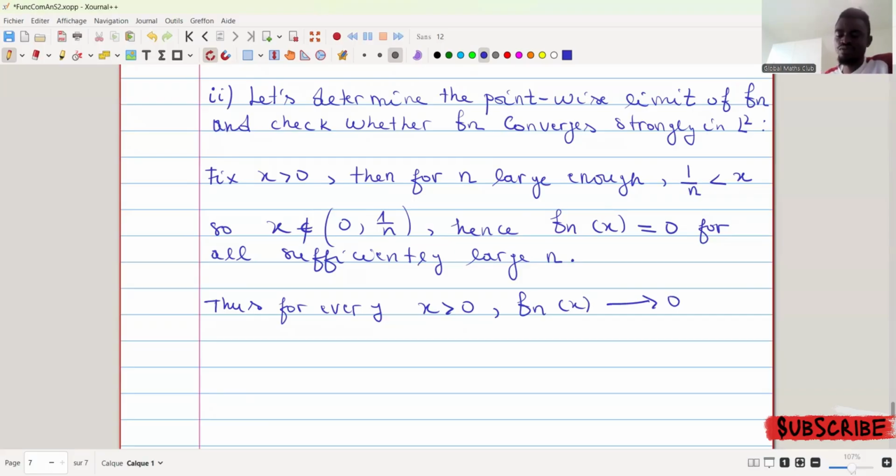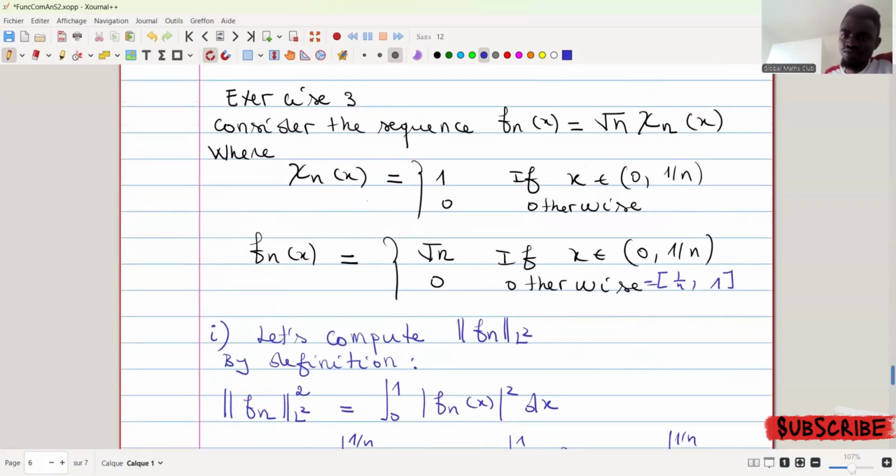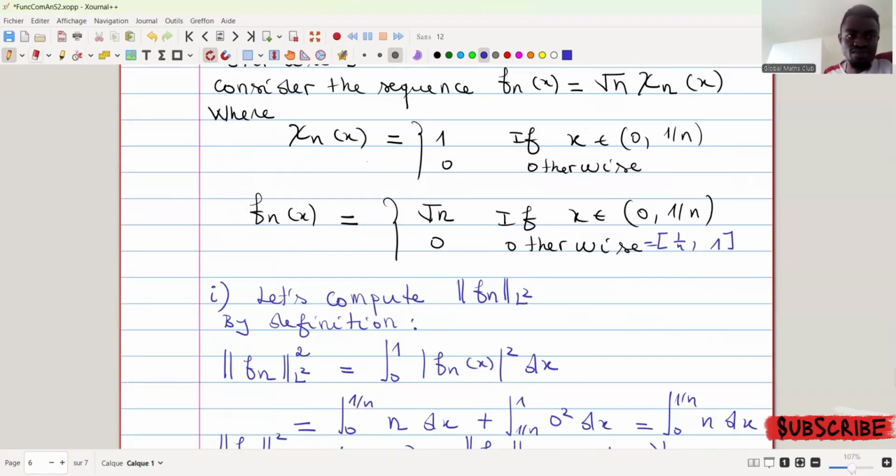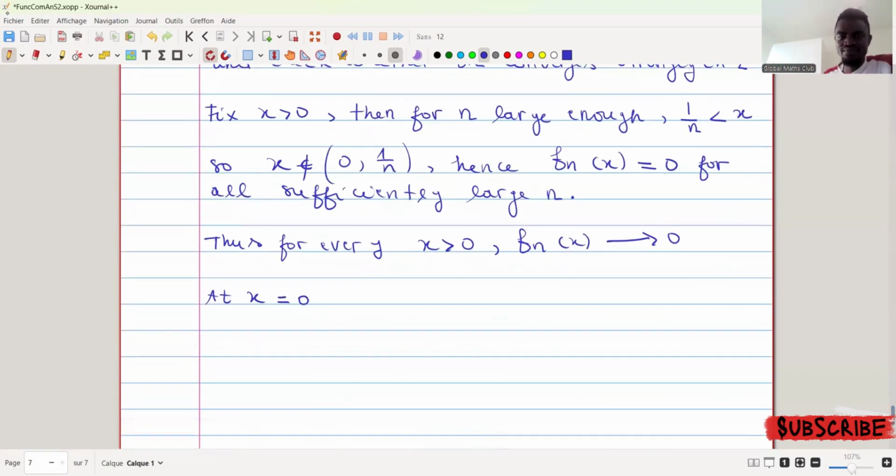Now what happens at x equal to 0? At x equal to 0, 0 is not in this interval. Maybe it's better for me to put it this way. Since 0 is not in this interval, 0 is down here in the otherwise case.